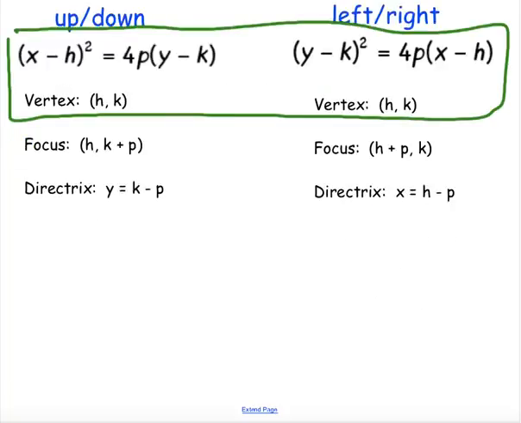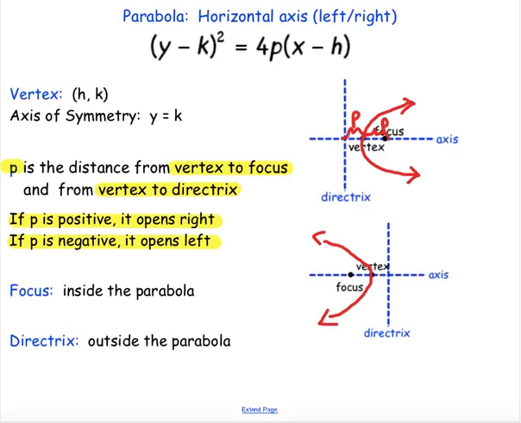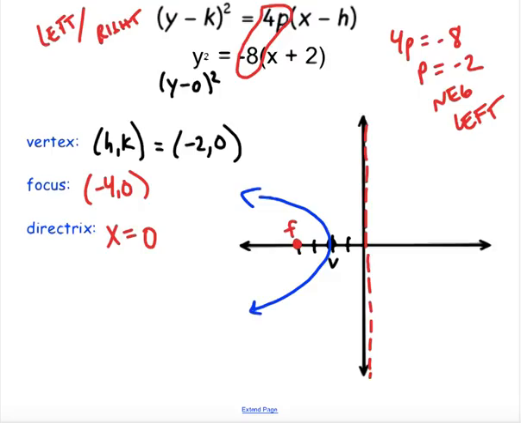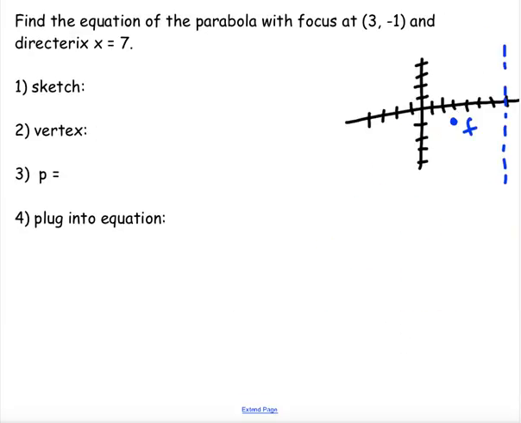And if we go back to when we first saw a picture, the vertex has to be halfway between the focus and the directrix. So where is halfway between these two things? Looks like it would be right here. So that is your vertex. What are the coordinates of that point? Looks like (5, -1).